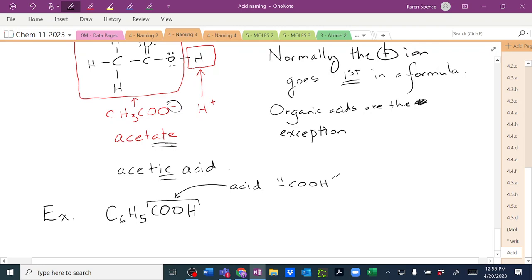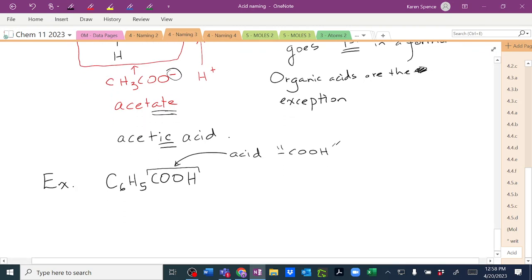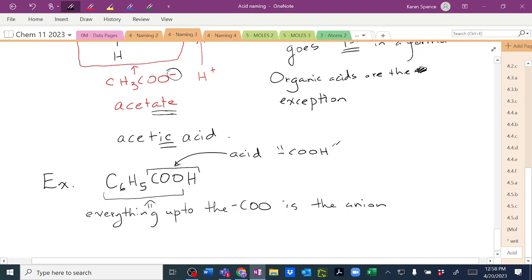So what you do is you take everything up to the COO, that is the anion. And then of course this is the H plus.